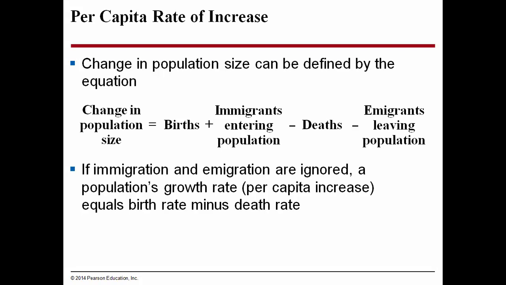So, the change in the population can be defined by the equation: the change in population size equals births plus immigrants minus deaths minus emigrants. If immigration and emigration are ignored, a population's growth rate or per capita increase equals the birth rate minus the death rate. And that's the calculation that we're going to use here. It's just births minus deaths.